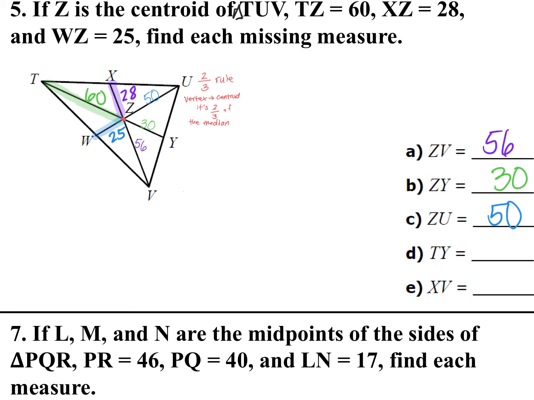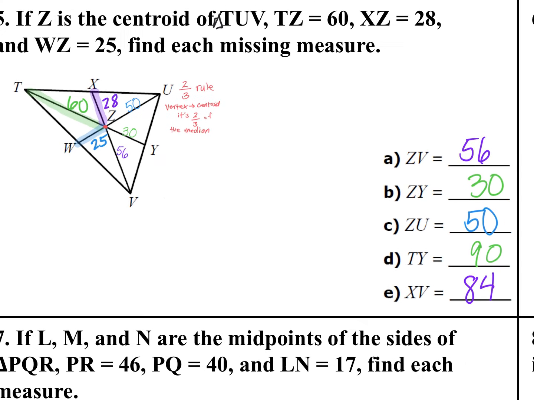TY is the full median, so 60 plus 30 gives us 90. And then XV, that again is segment addition. So 28 plus 56 will give us 84. Okay, this is how we do number 5.